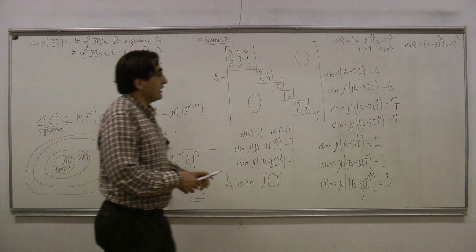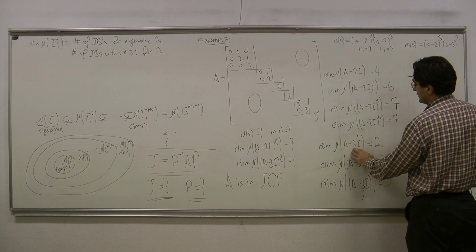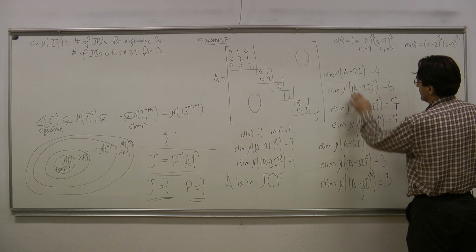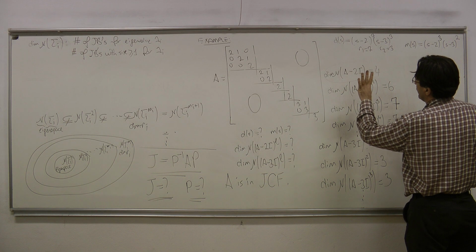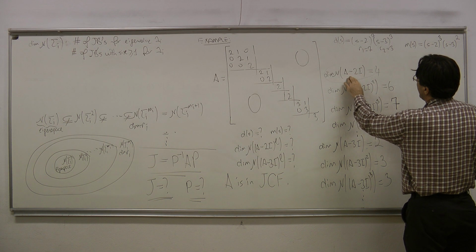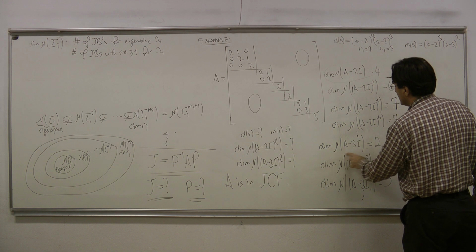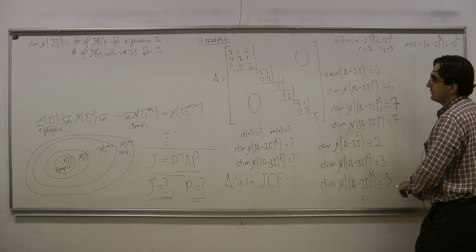This is at the same time the maximum number of linearly independent eigenvectors for each eigenvalue. This is the eigenspace. As a result, there are at most four linearly independent eigenvectors for the eigenvalue 2, and at most 2 linearly independent eigenvectors for the eigenvalue 3.